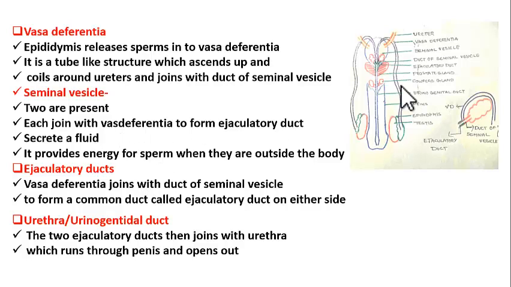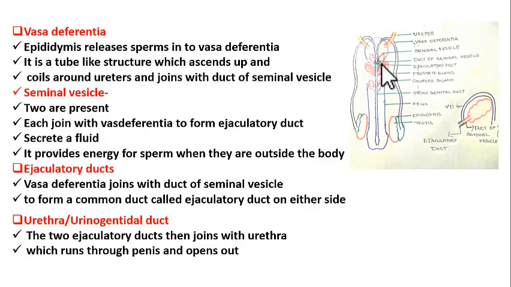Now next is ejaculatory ducts, right? Two ejaculatory ducts are present, one on either side. Ejaculatory ducts are the extensions of the duct of seminal vesicle and Vas deferens. The two join and form a common duct called ejaculatory duct.